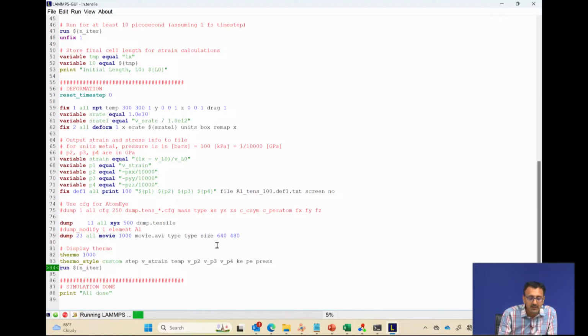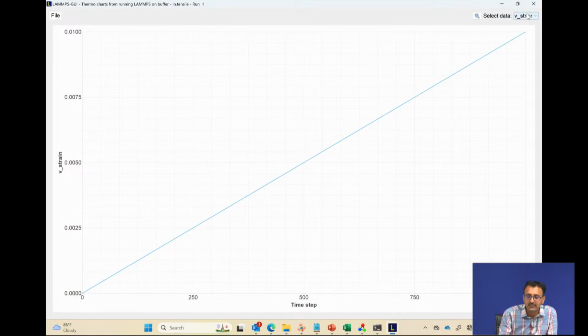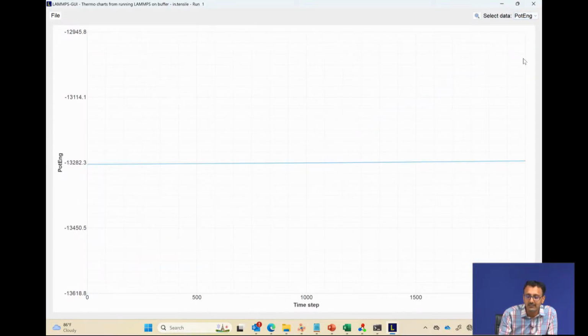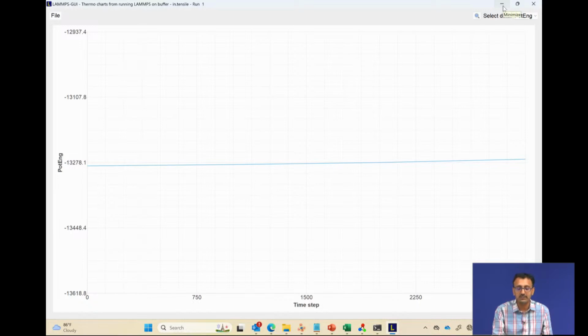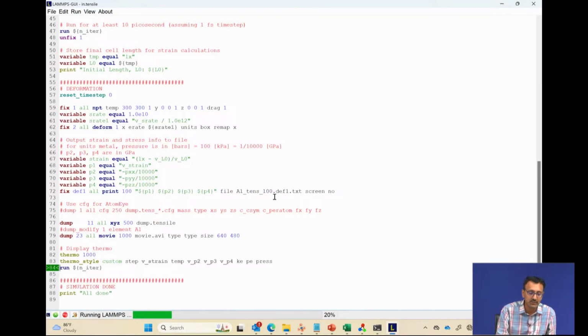As the production run is going, I'm just curious, what is the potential energy? It's pretty flat, because you have an equilibrated system. It's not exactly flat because there is strain, but it's not fluctuating. It's not increasing a whole lot.